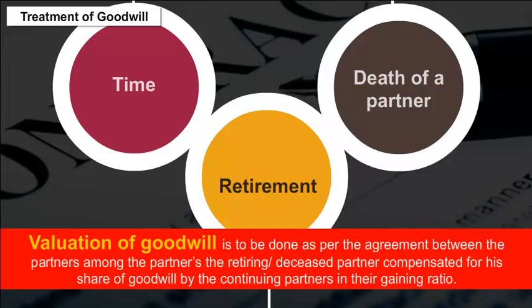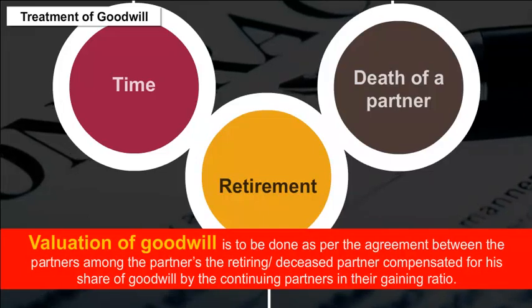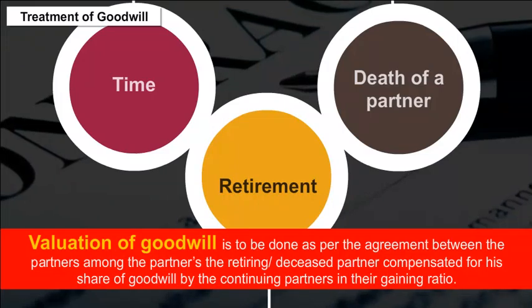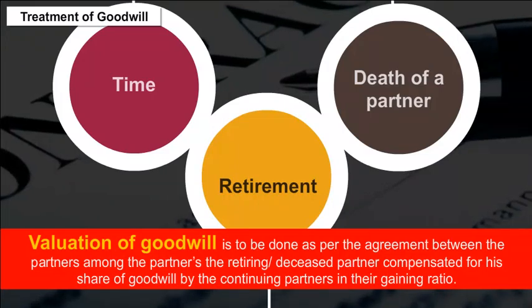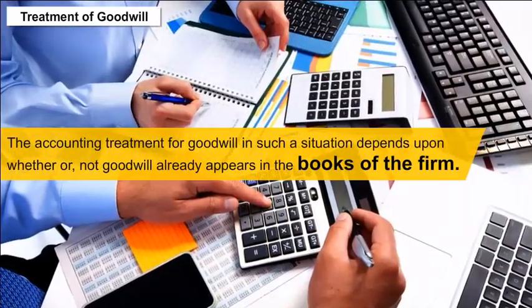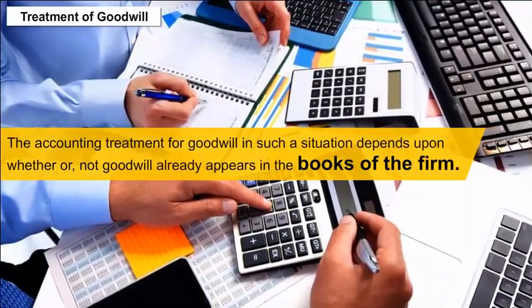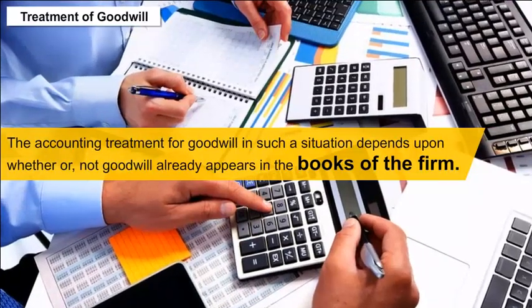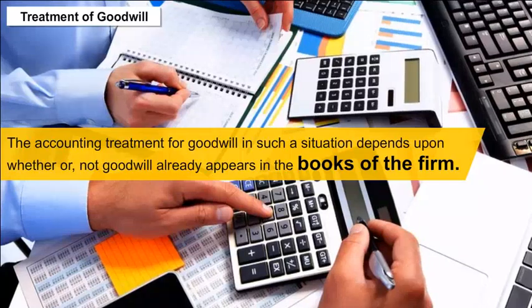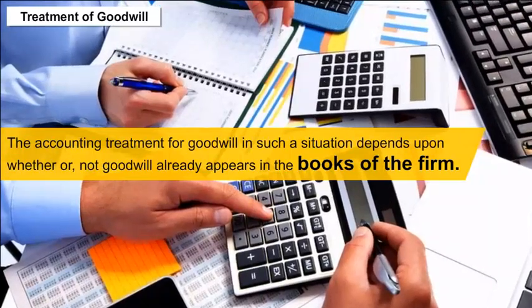The retiring or deceased partner is compensated for his share of goodwill by the continuing partners in their gaining ratio. The accounting treatment for goodwill in such a situation depends upon whether or not goodwill already appears in the books of the firm.